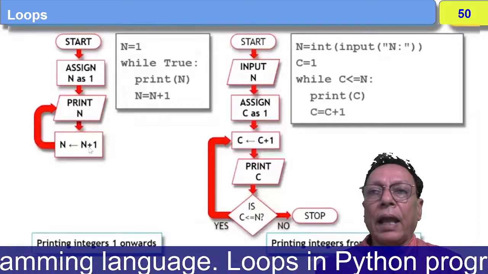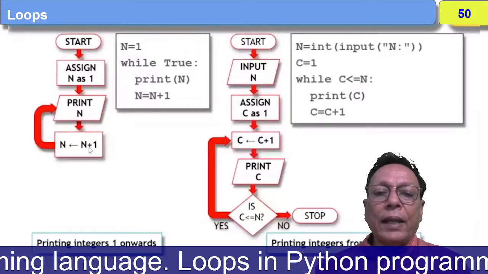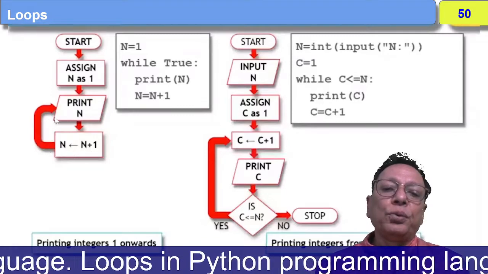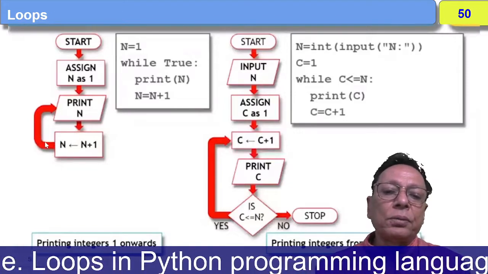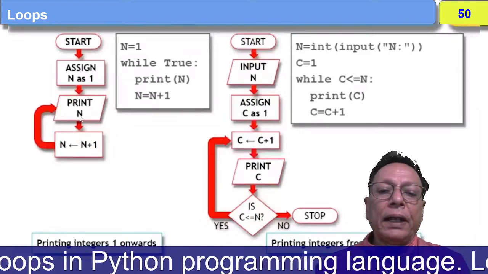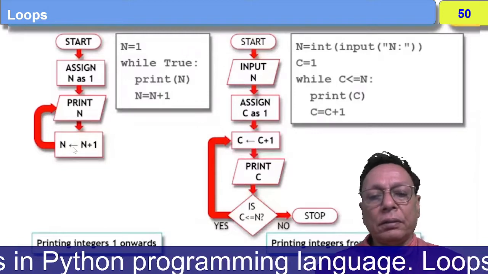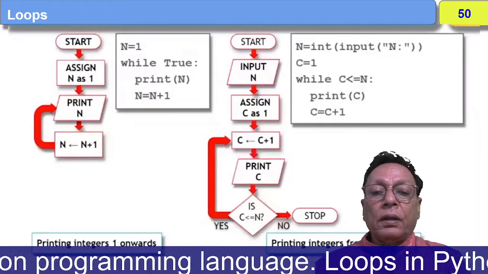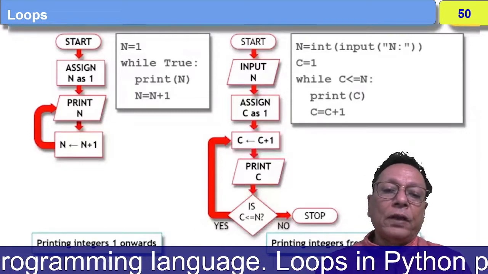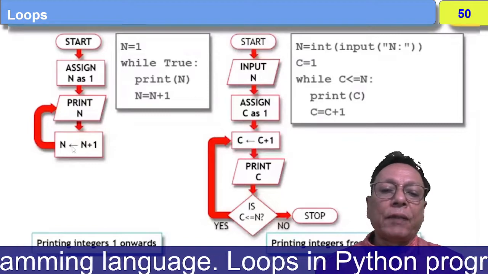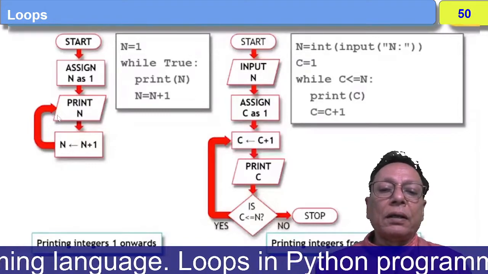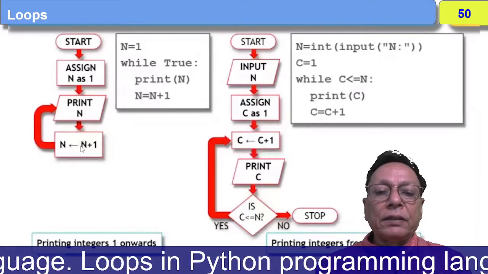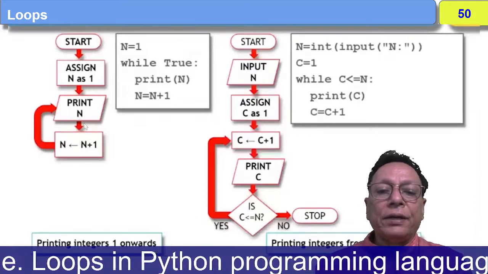So n is incremented by 1, and after updation of n, it again moves to print n, as this arrow shows that after printing n, it comes to this assignment or process box where we are updating the value of n, and that is why we see this is a kind of infinite loop, printing and increasing the value of n, printing, then increasing the value of n.